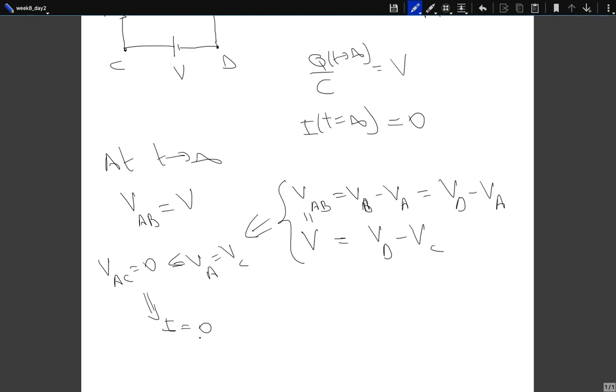So essentially, in this circuit, initially the current will be just V over R, and eventually the current will just go to 0. So this is what we expect the current to be as a function of time. That is one thing that will be different in circuits with capacitors, because with time, they are charged, so their potential changes.